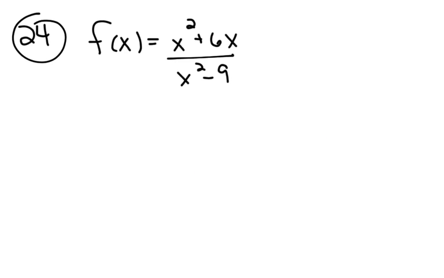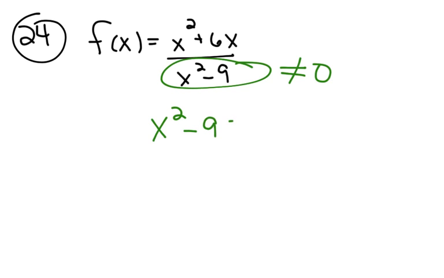In number 24, we want to find the domain of f of x. That means, what can I or can I not plug in for x? When dealing with a rational function, we know that the denominator cannot equal 0. So when finding the domain, I actually don't even care about the numerator. I only care about what values make the denominator 0.